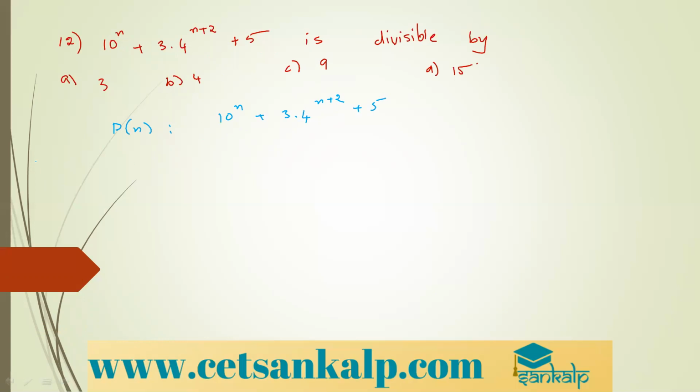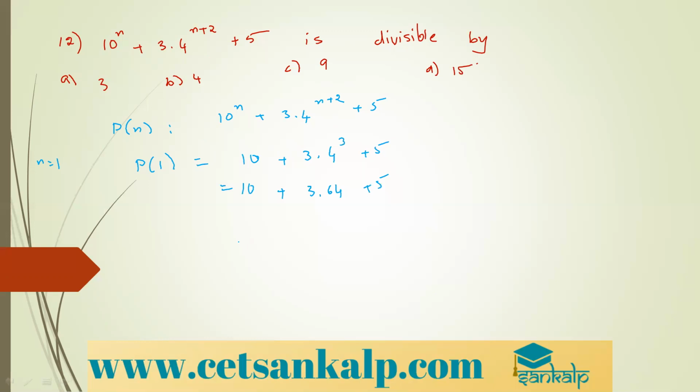So when n equal to 1, P of 1 will be 10 plus 3 into 4 power 3 plus 5. 4 cube is 64, and you are multiplying 64 by 3.